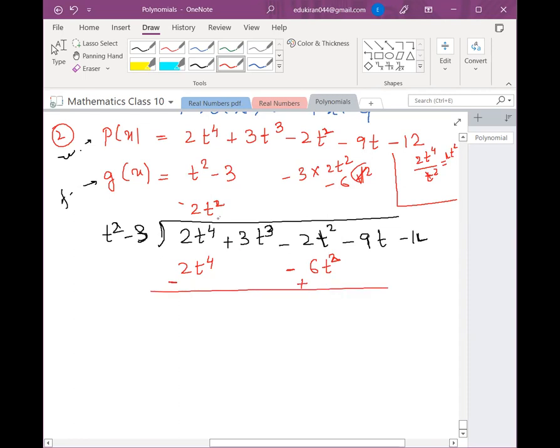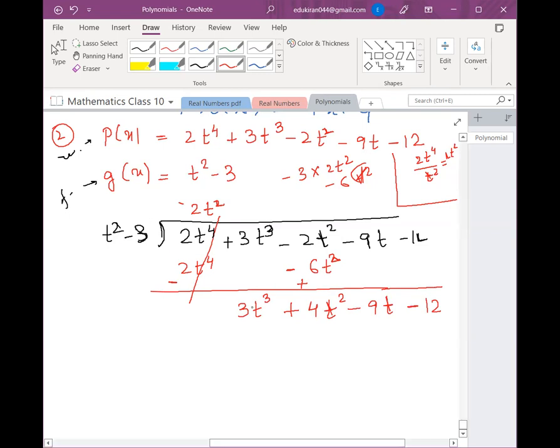So this is 0. Here 3t cube, and then plus 6 and minus 2, so plus 4t square, minus 9t and minus 12. Clear? All the terms I have just dropped down.